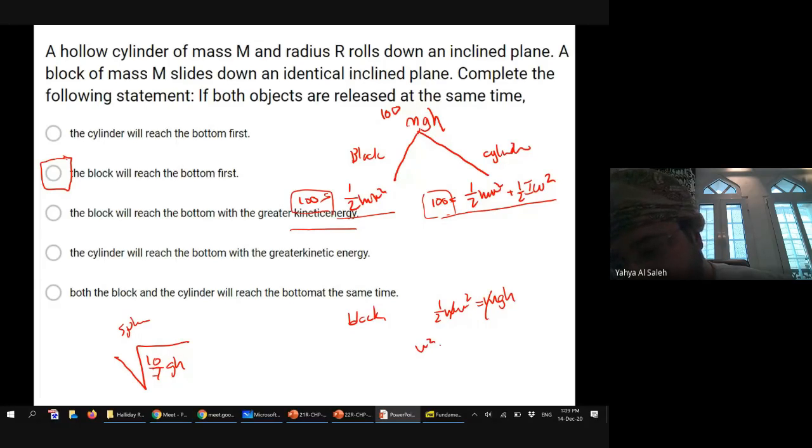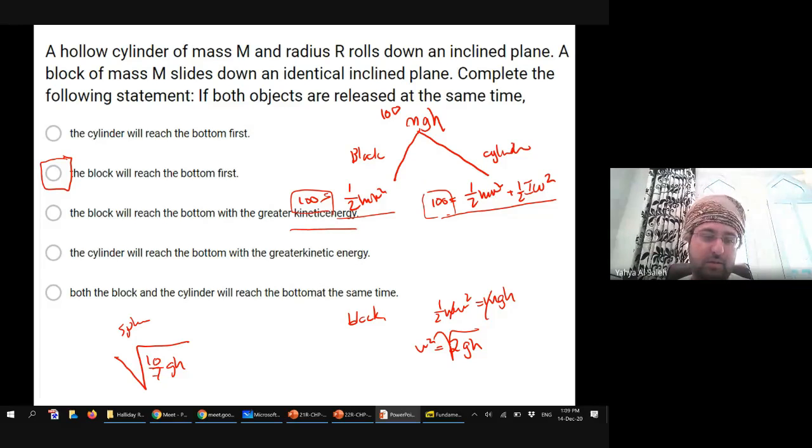Your v squared is equal to 2gh. Which one is bigger? Block is bigger. 2gh is more than 10 over 7 gh.